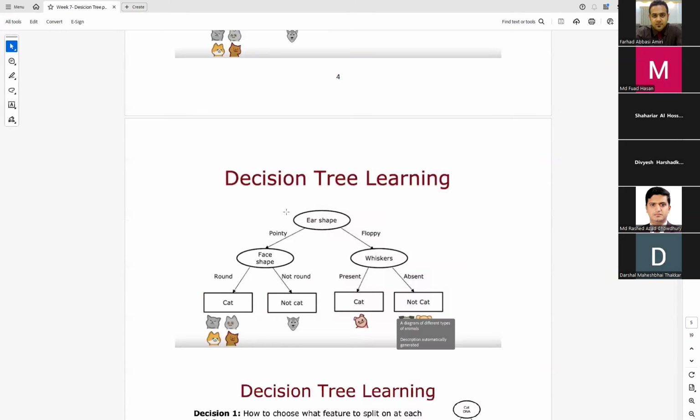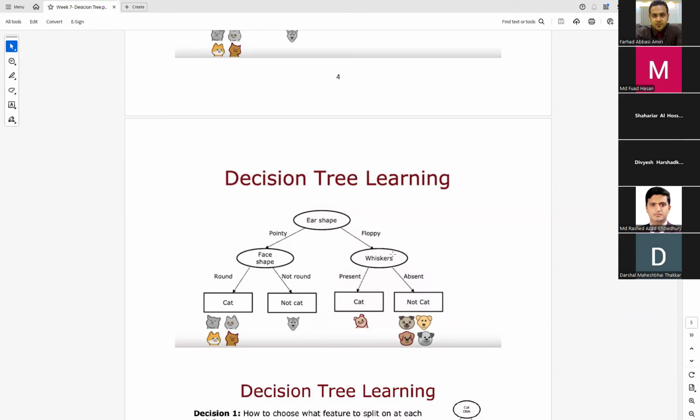And this is the one, for example, this is the decision tree. It starts from root node, the ear shape, which has 2 possibilities, pointy, floppy. The left branch is this decision node, face shape, which has 2 possibilities, round face shape, not round face shape, and then make a decision, cat or not cat. On the right branch, the floppy ear shape.